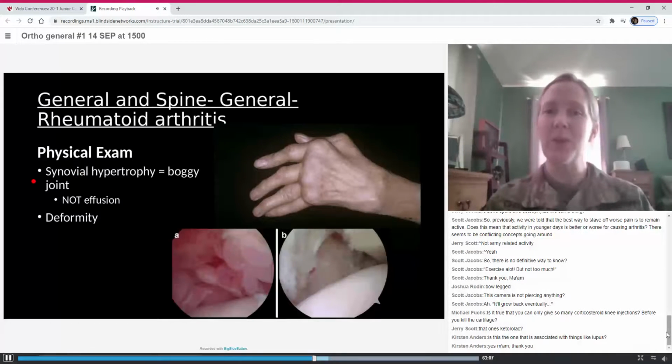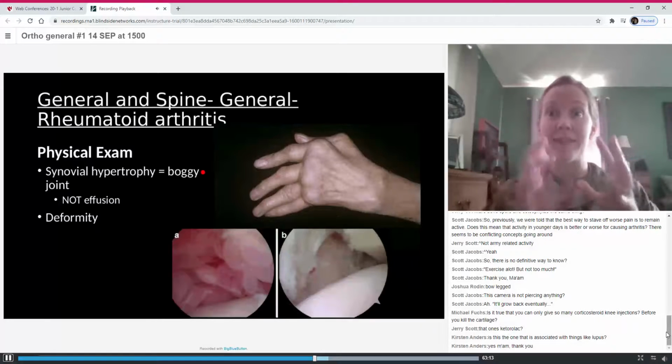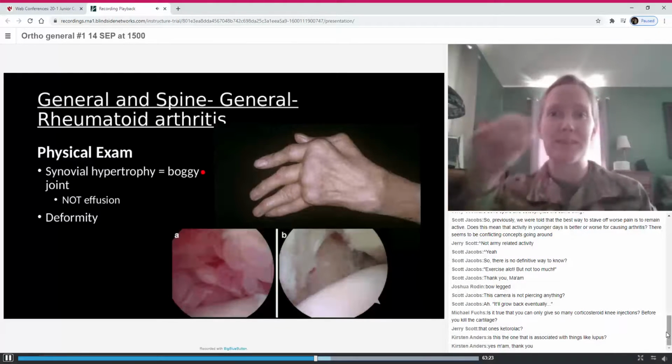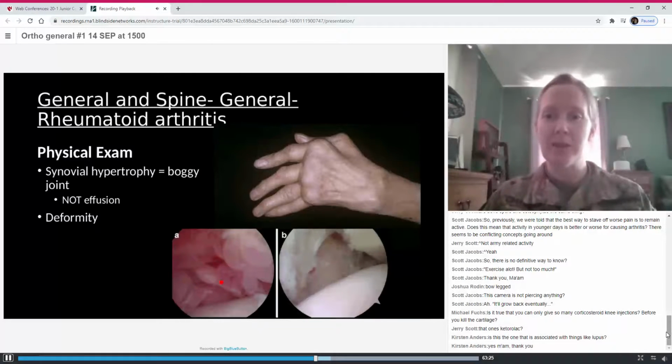So the first thing that we're going to find on physical exam is synovial hypertrophy. Again, that's an excess of the inside surface of the joint capsule, the synovial capsule. So there's more of it than there should be. So it's basically got wrinkles. I tried to show that here in this arthroscopy picture.